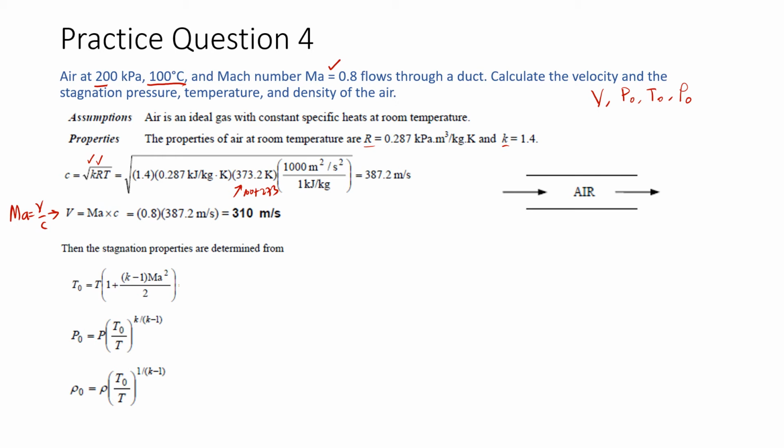But these are stagnation properties expressed in terms of, in the case of temperature, the Mach number, not expressed in terms of velocity. We developed this equation in one of our previous videos. So we have all the values, static properties.